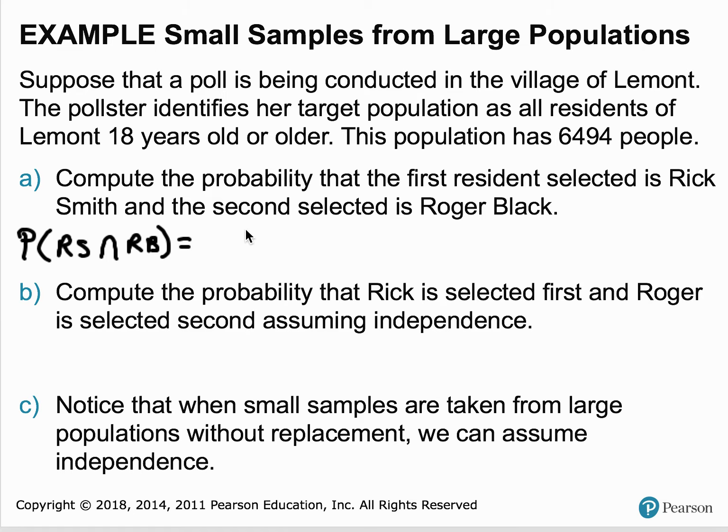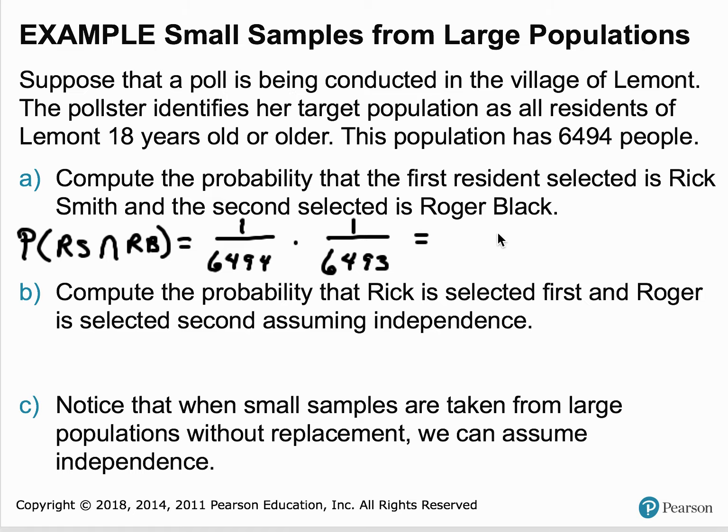Well, Rick Smith is one person out of 6,494. And the second one, Roger Black, is one person, but now that I've taken Rick Smith out, there's only 6,493 people.